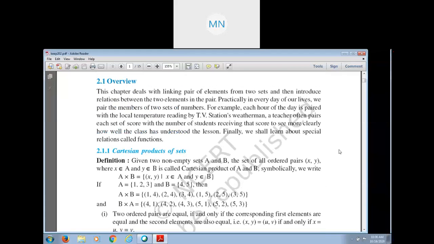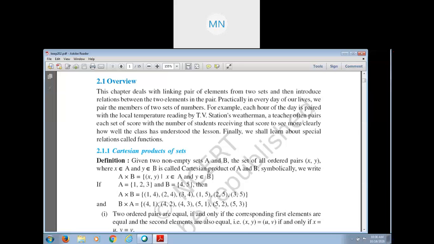Here x comes from the set A and y comes from the set B. If we collect all the ordered pairs, it gives us the Cartesian product of A and B. The condition is that the first element comes from the first set and the second element comes from the second set.